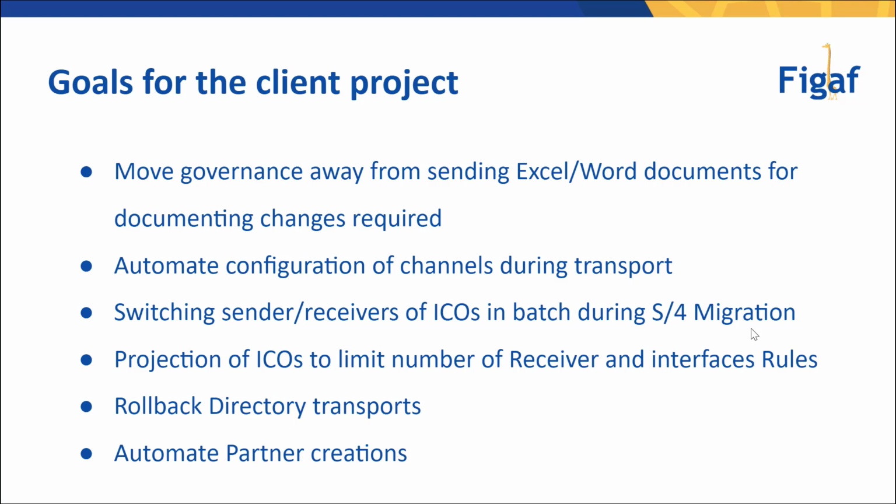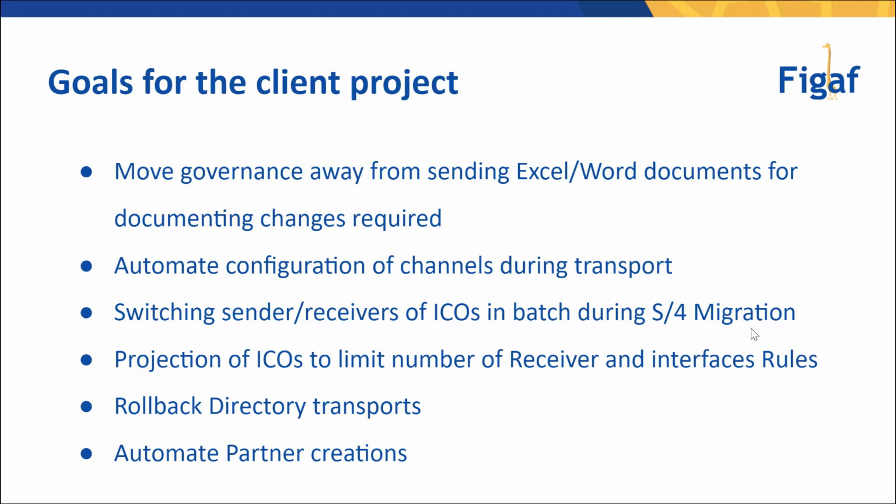They had a requirement to switch senders and receivers during the import, so they could rename from ERP system 1 to ERP system 2 on the same system, both receivers and senders, to make specific scenarios a lot easier.